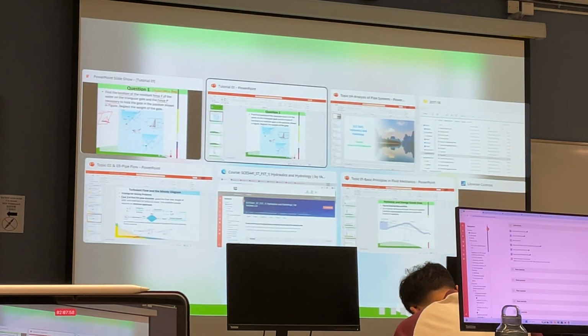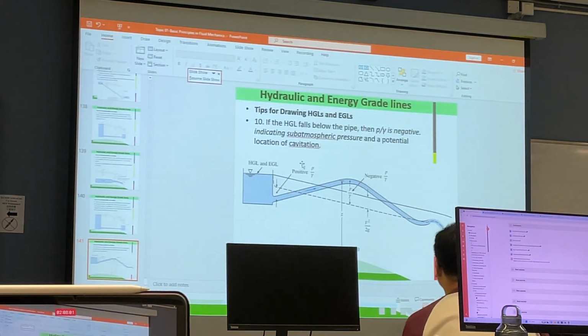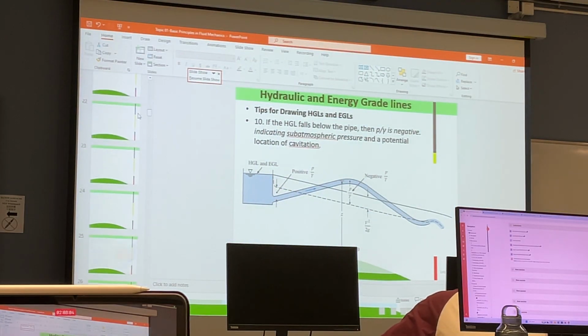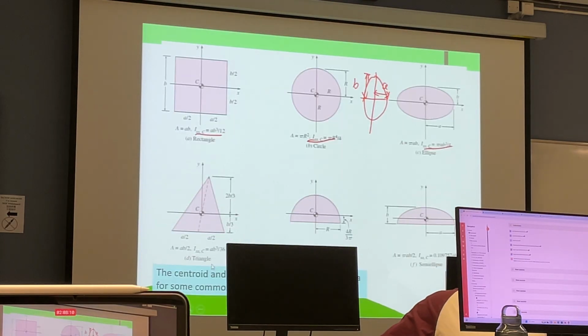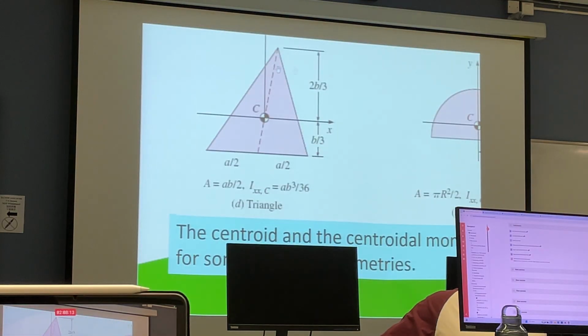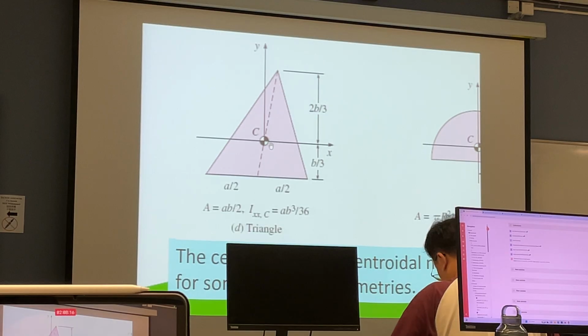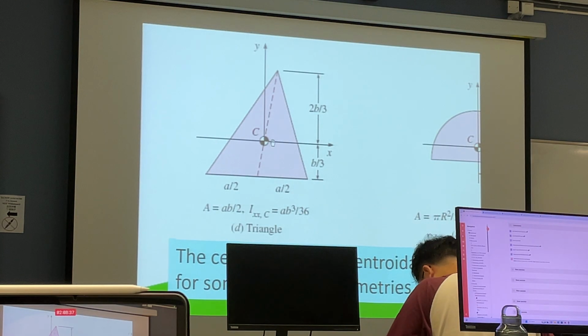For the triangle, the centroid is located on the center line, from this vertex to the baseline, and the height is 1/3 of the height from the baseline.